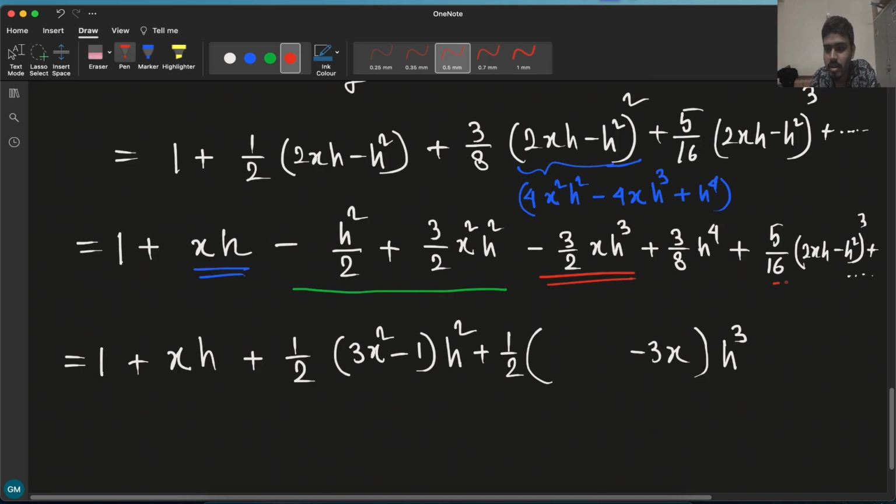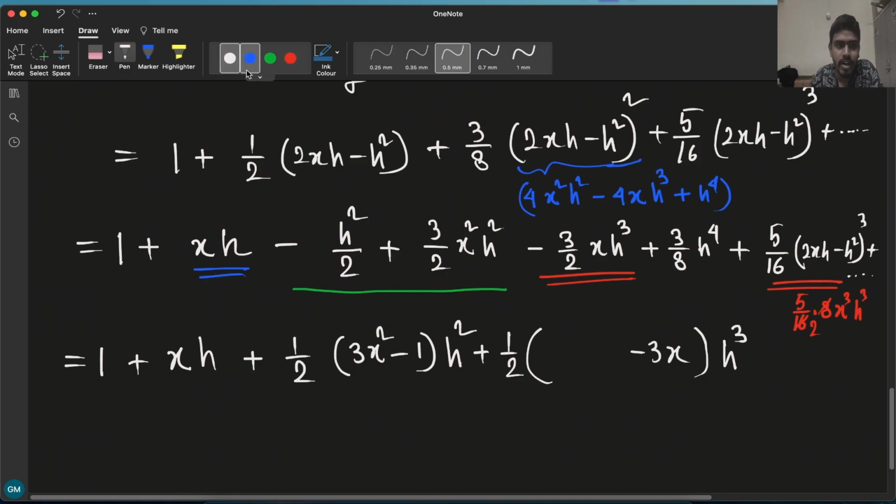If you look at the next expansion term, if I calculate this, you can see the first term will be cubic in h. It is 2x h whole cube, so that term will be 5 by 16 times 2x h whole cube, that means 2 cube is 8, x cube and h cube, which is nothing but 5 by 2 x cube h cube.